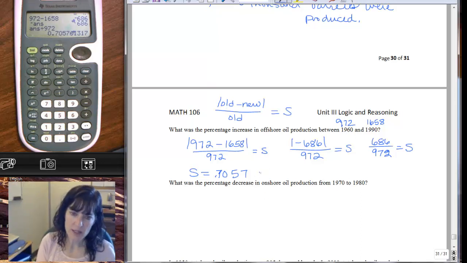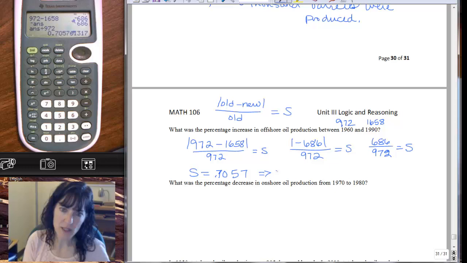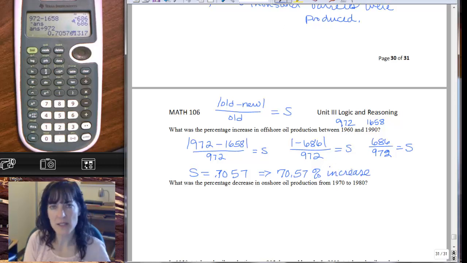Either way, it's the same thing, and that's going to give us 70.57%, and it was an increase from 1960 to 1990.